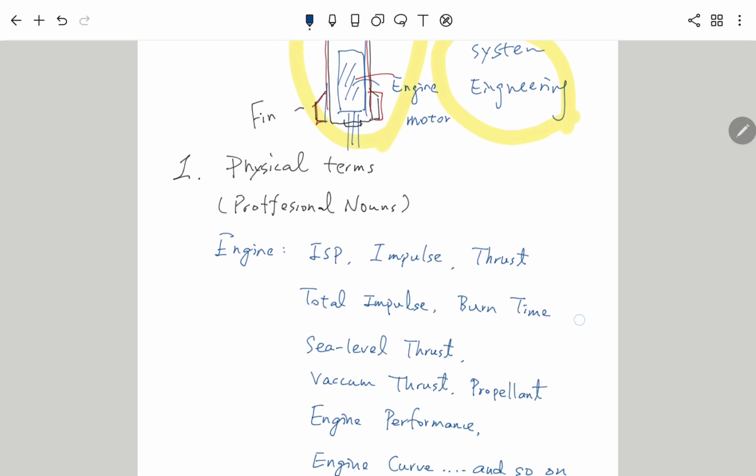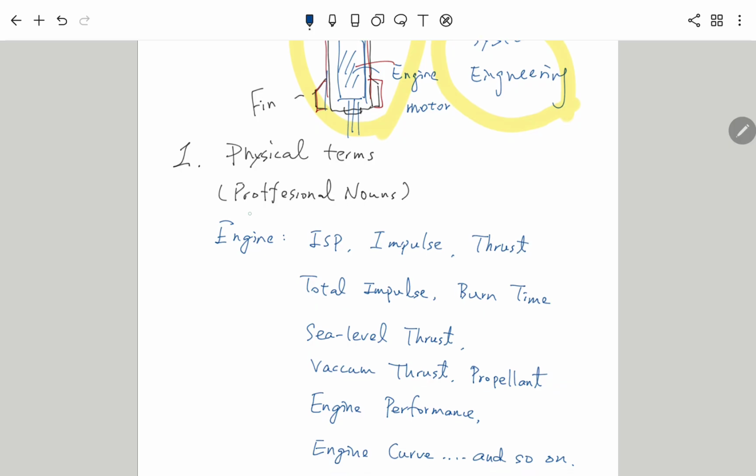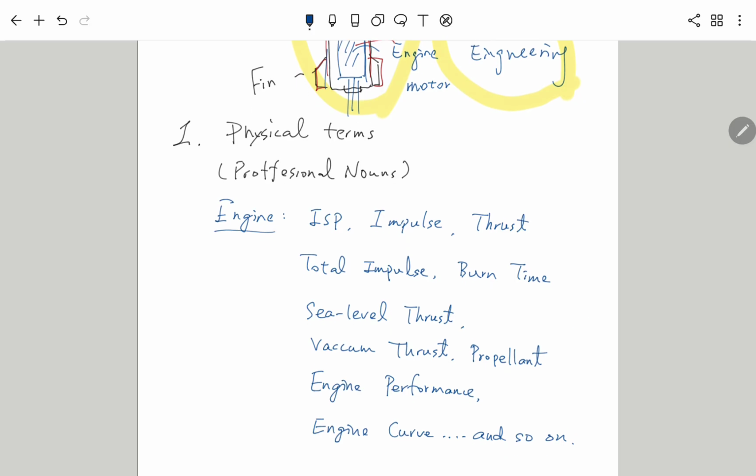So here I would like to mention the physical terms as the first part of this introduction, also called the professional nouns. Take the engine as an example.